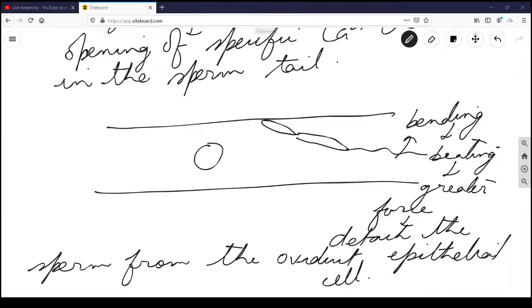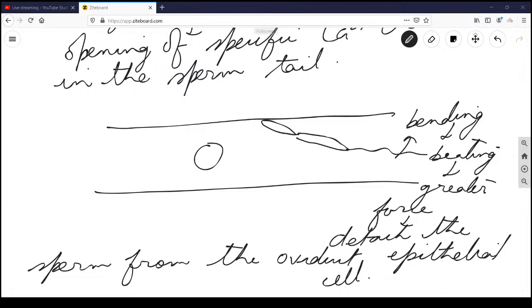Uncapacitated sperms, in research, have been shown to move in a planar, straight direction, allowing more time for the sperm head to attach to the oviduct epithelial cells. But capacitated sperms rotate around their long axis, which will enhance the detachment of the sperm from the epithelia. So if capacitation is completely fruitful, it will definitely lead to hyperactivation of the sperm.